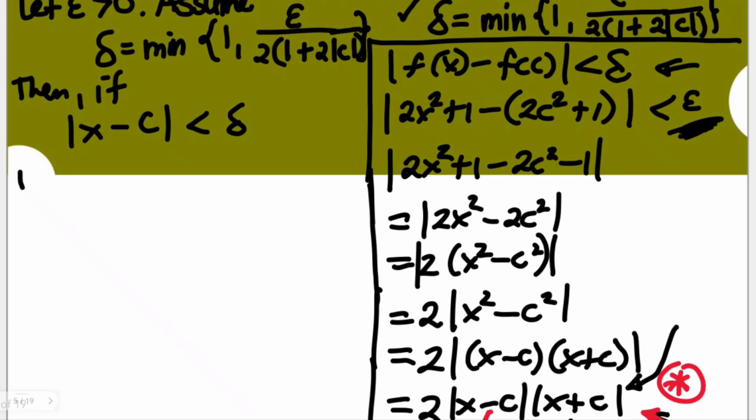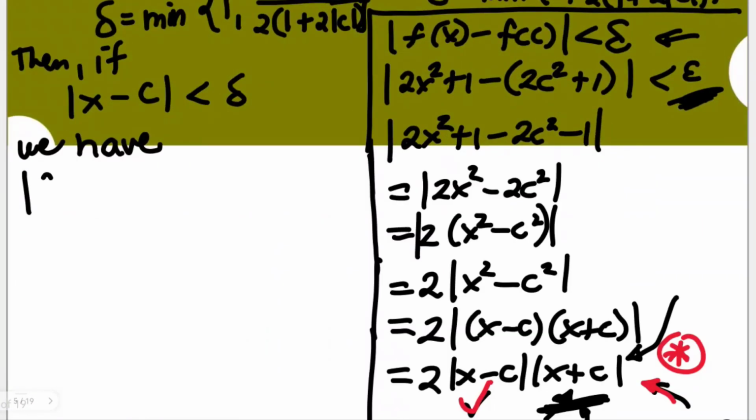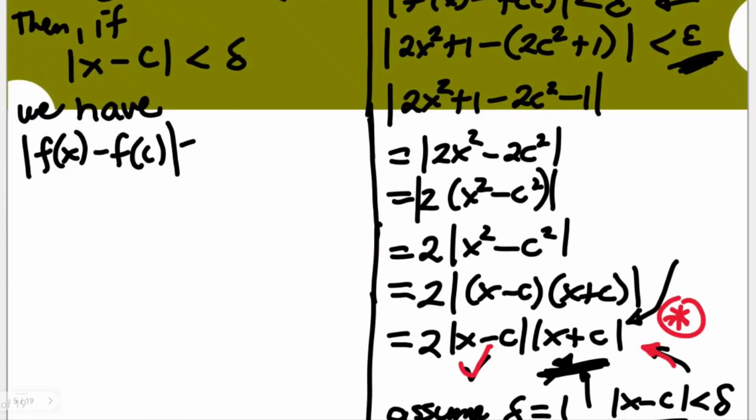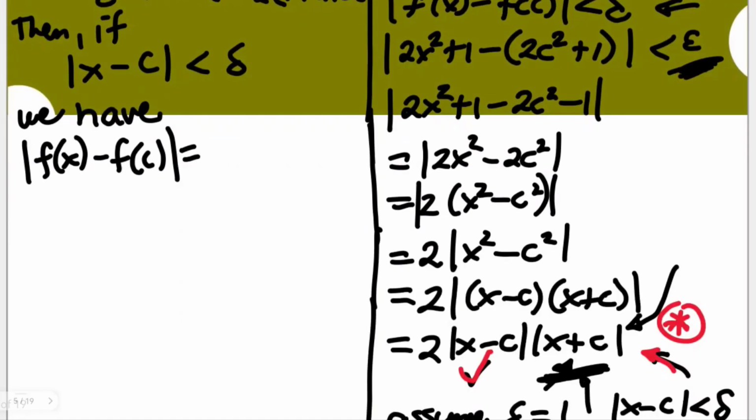So we can now proceed. Our goal is to show that the absolute value of the difference of f(x) and f(c) must be less than epsilon. But of course, we know this from our scratch work to be equivalent to this form here.